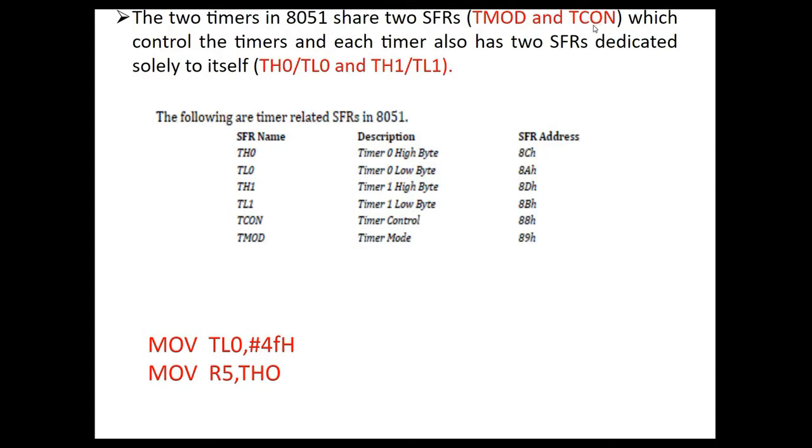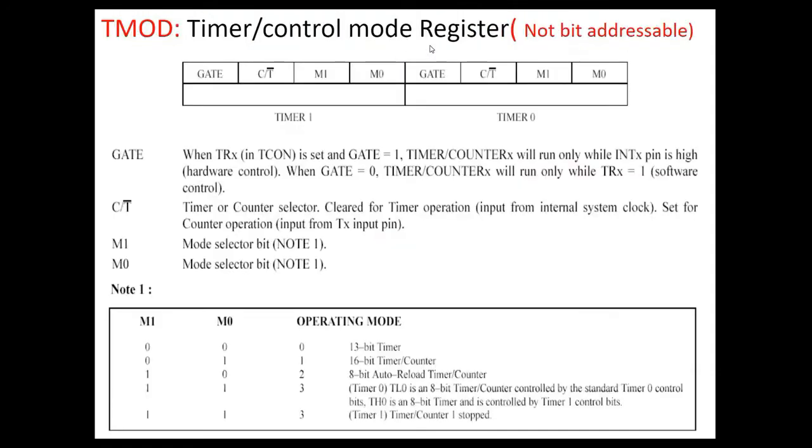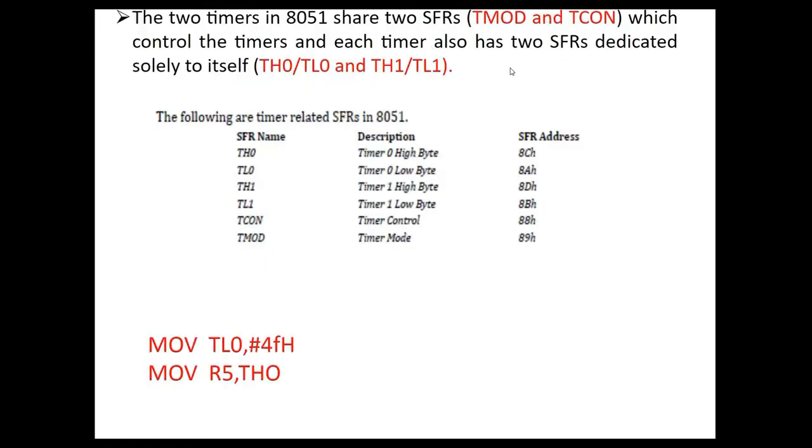These two are used to control the timers, and the timers also have special function registers dedicated to themselves. TH0 and TL0 are reserved for timer 0, and TH1 and TL1 are reserved for timer 1.